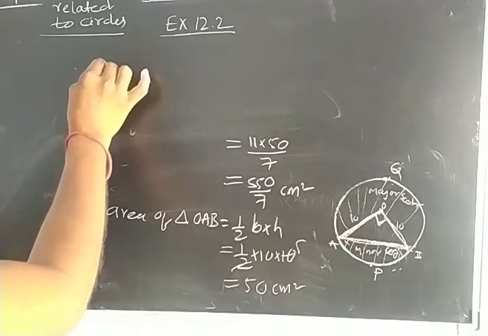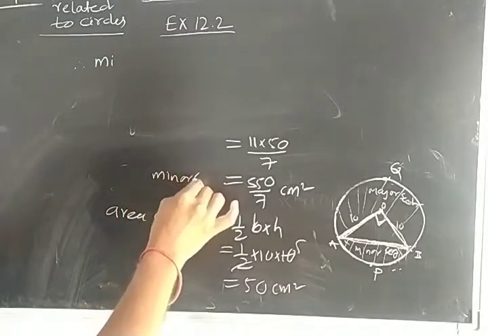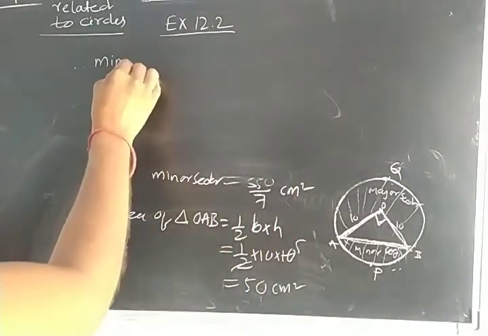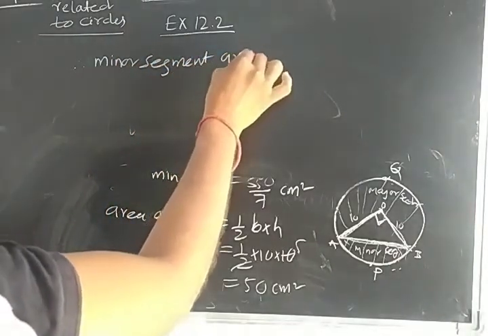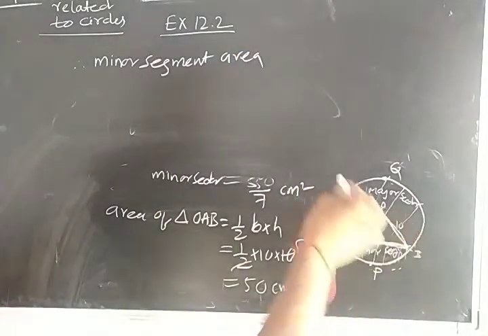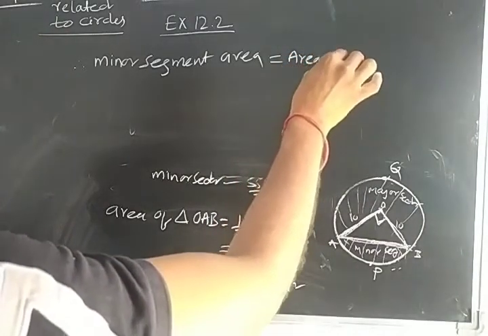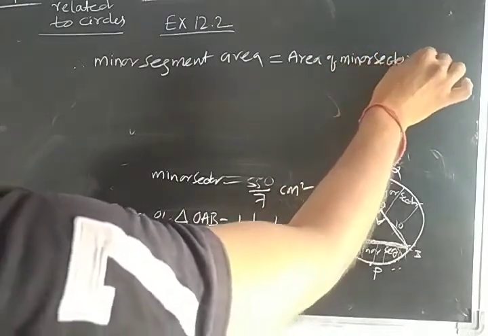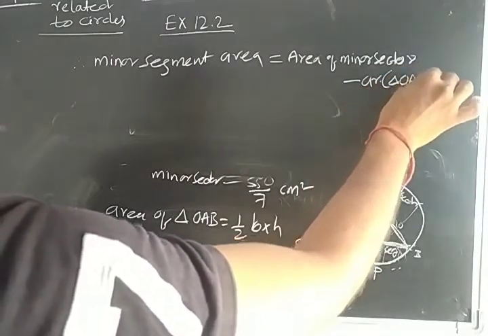Now I will find the minor segment area. This is the minor sector area, right? But I need the minor segment area. How can we get the minor segment area? From the sector area, remove the triangle area. Area of minor sector minus area of triangle OAB.